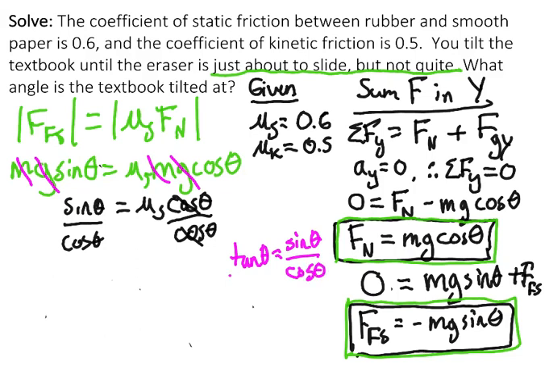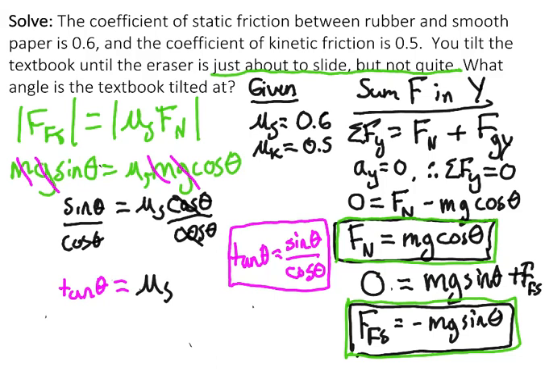If you're taking functions right now and you haven't gotten to this yet, don't worry, you will learn it in functions soon. So tan theta is sine theta divided by cos theta. That means I can replace this sine theta divided by cos theta with a tan theta, just one function for theta, so that's nice. And that'll equal just the mu s, is all that's left on this side, right? Because I divided out the cos thetas.